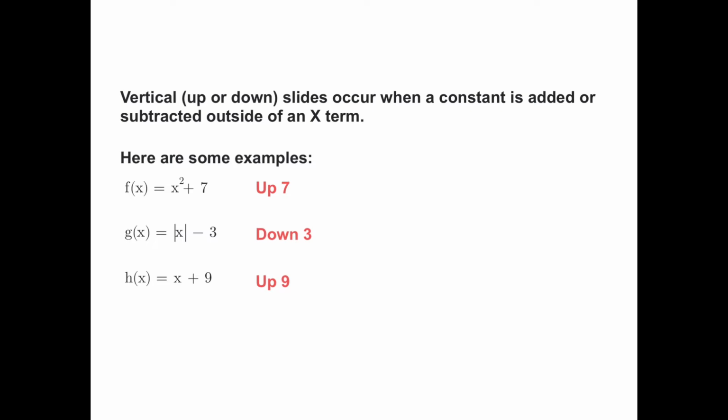So, I'm just going to do this first one. If I'm looking at the parent function, I'm going to draw this down here so that I can make a separate. I know that it's a parabola because it's x squared. All right. So the parent function would sit right there in standard position.